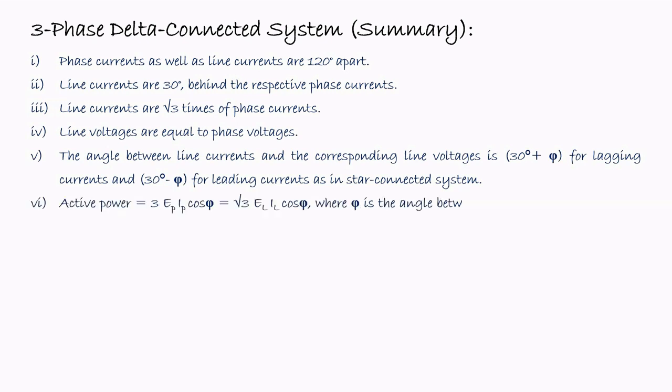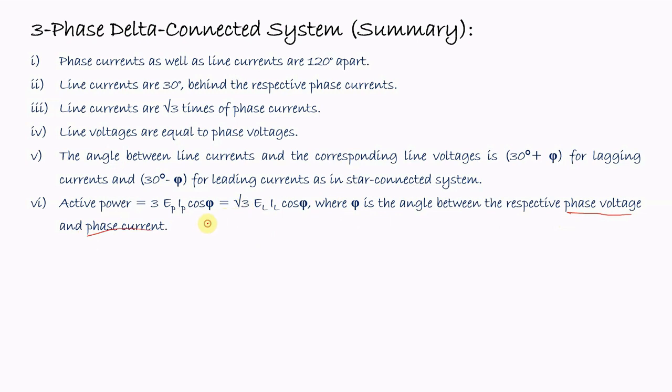The active power formula for a delta connected system is the same as that of a star connected system, that is 3 E phase I phase cos phi or root 3 EL IL cos phi, where phi is the angle between the respective phase voltage and phase current.